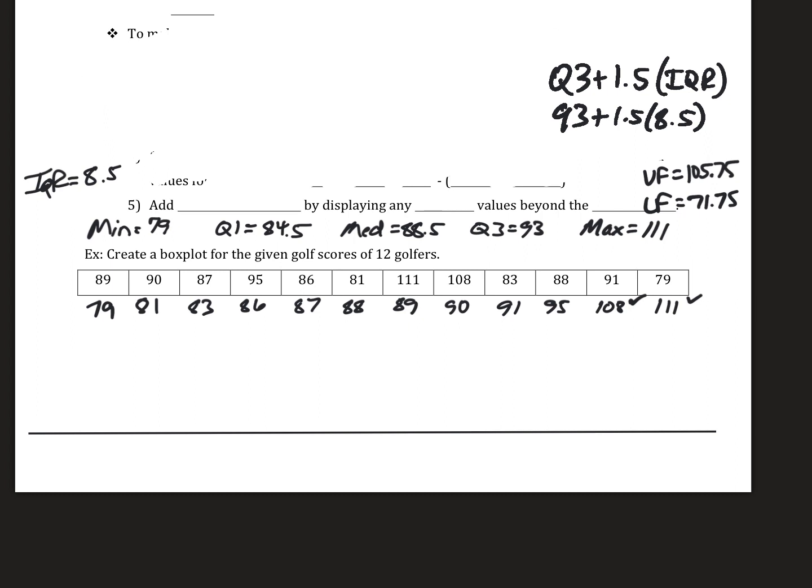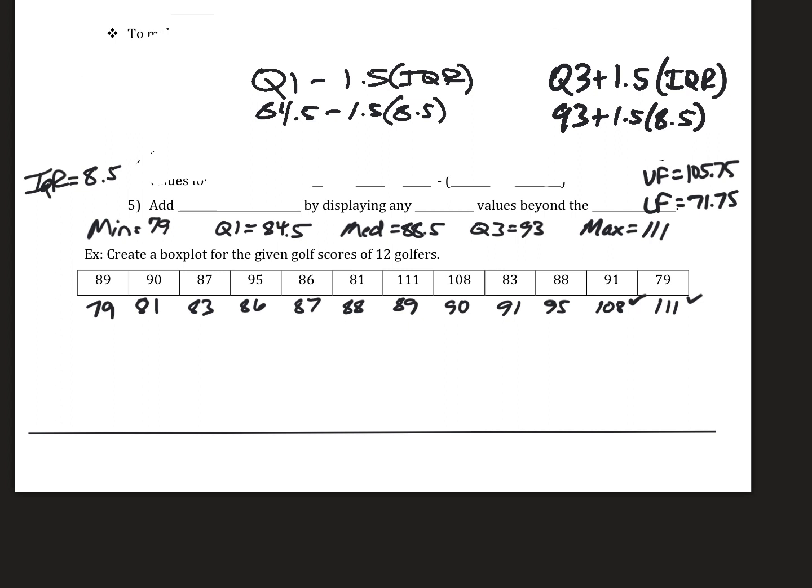Okay? So now I have to do the same thing with my lower fence. So Q1 minus 1.5 times the IQR. Okay? So Q1 in this case is 84.5 minus 1.5 times 8.5. And when I calculate that, I get a number of 71.75.